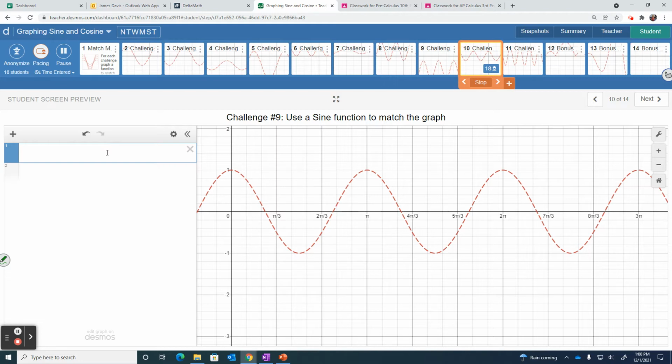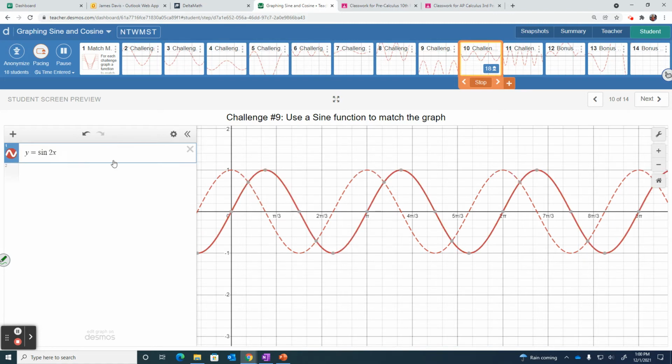If you just do sine of 2x, you get almost it right, except it's just a little bit off, right?